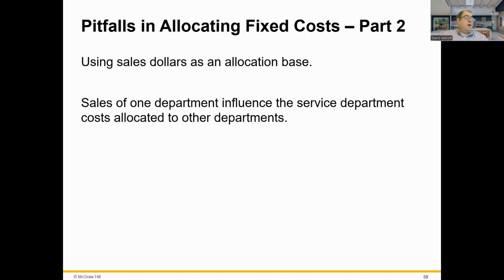Sales dollars is an example of a variable allocation base. It is a poor choice because sales dollars fluctuate from period to period, whereas the costs being allocated are often largely fixed. This creates a situation where the sales in one department will influence the service department costs allocated to other departments.